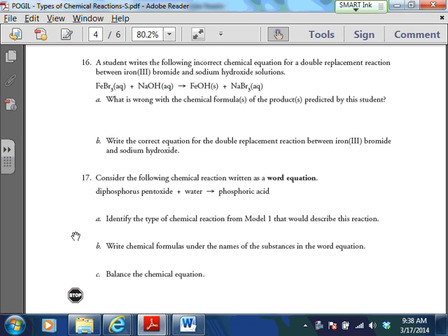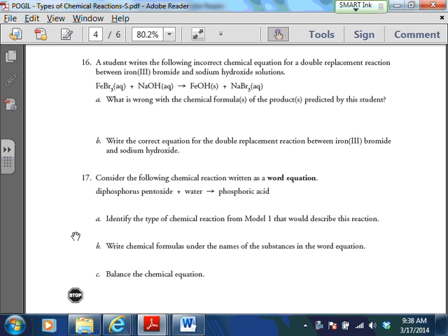Sodium hydroxide, is that one good? Sodium's a 1 plus. What's hydroxide? That's OH minus, right? That's on your polyatomic ion chart. So 1 plus, 1 minus. Everything looks good on the reactant side. So, another thing that they could have done here is maybe they swapped incorrectly, right?